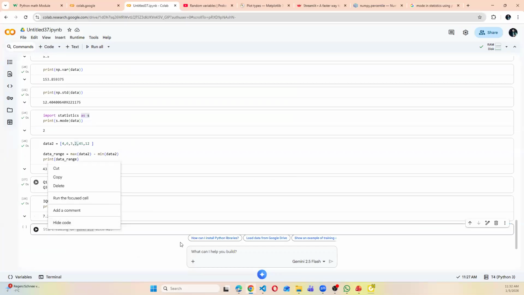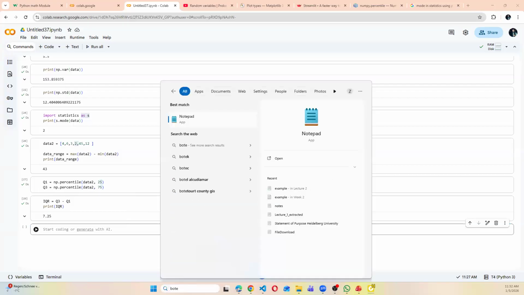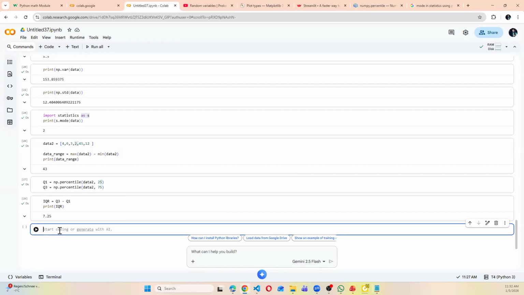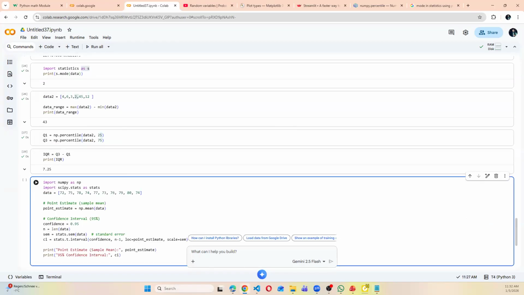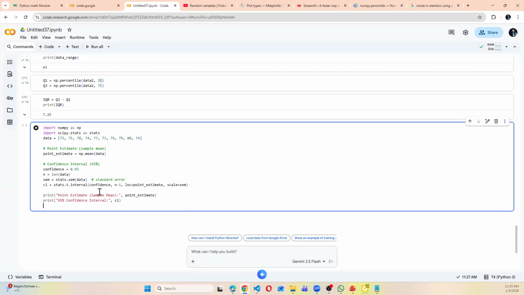Oh no, I think I should find Notepad first. Now it should work. So I will paste in Notepad. Yes. If you are directly doing it from PowerPoint, it's not working, so you just copy it into Notepad. From Notepad, you can copy it into this one.